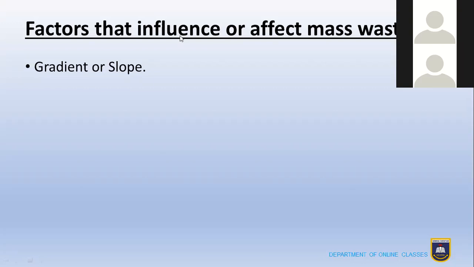All right, let's move on and look at the second factor: human activities. Human activities such as mining, construction, and other real estate activities have the potential to cause weathered materials to move at a faster rate.